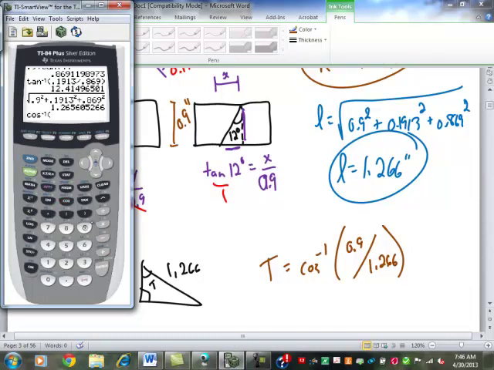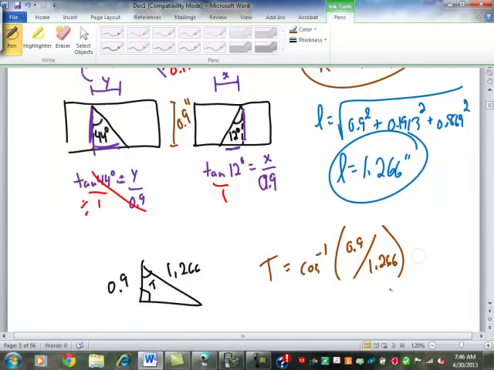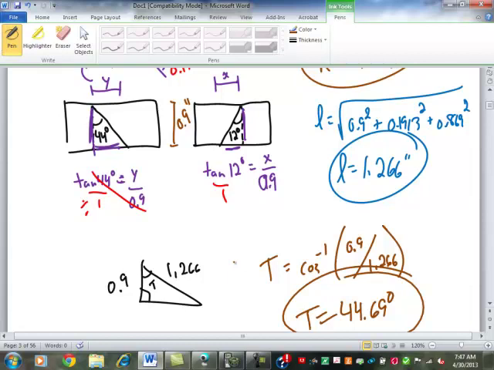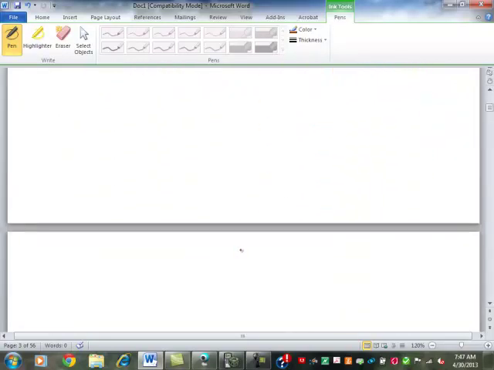Second cosine, 0.9 divided by 1.266 gives 44.69 degrees. Any questions? Okay, next one.